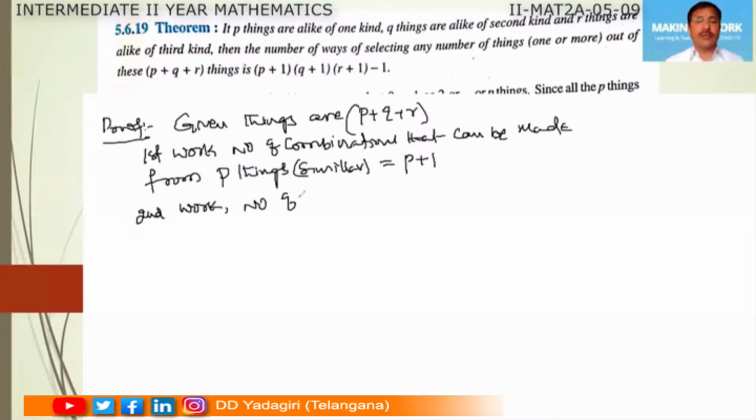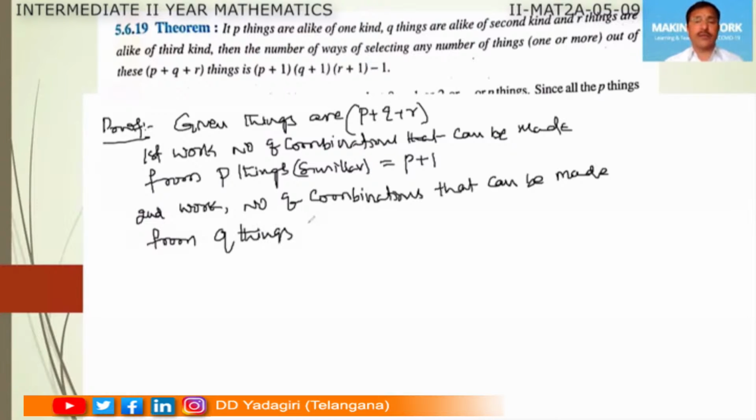number of combinations that can be made from Q things which are also similar. So in how many ways? Q plus 1 ways.